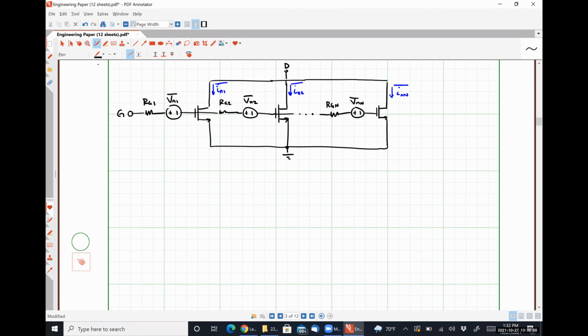And we can say that our current IN1 is simply GM1 times VN1. IN2 similarly will be GM2 VN2, all the way down to INN, which will be GMN VNN, right?